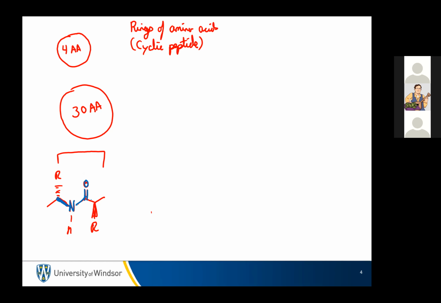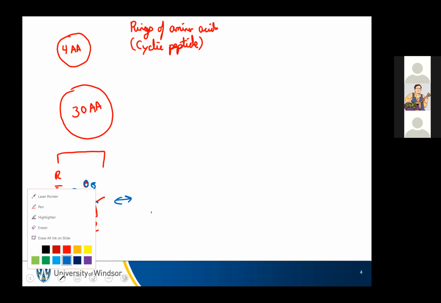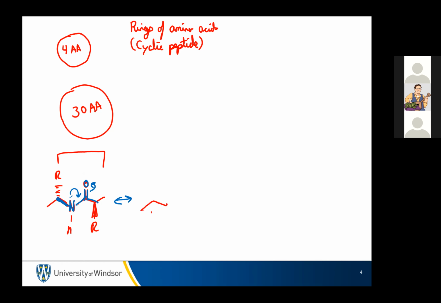And that's because, of course, there's a resonance of the amide bond. So these four atoms are kind of forced into a line, stretching out.